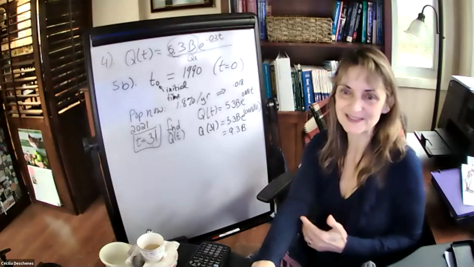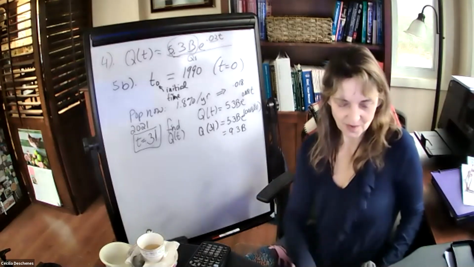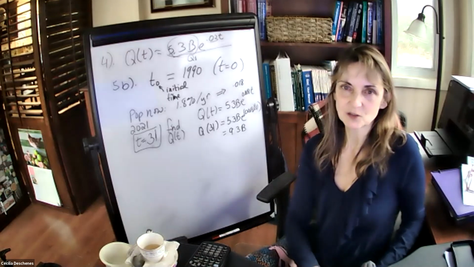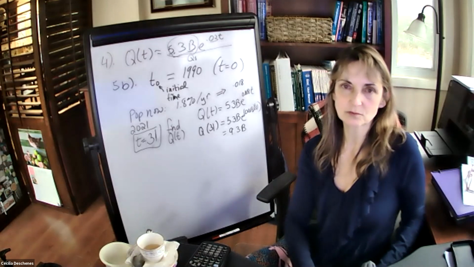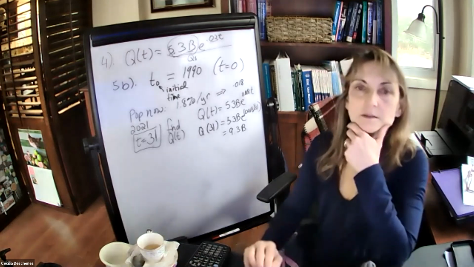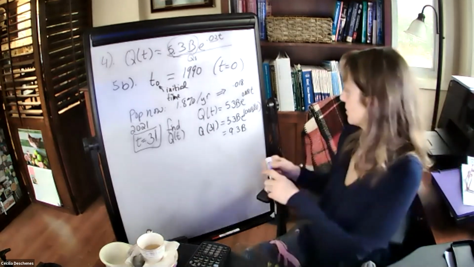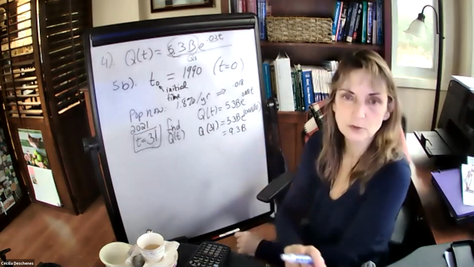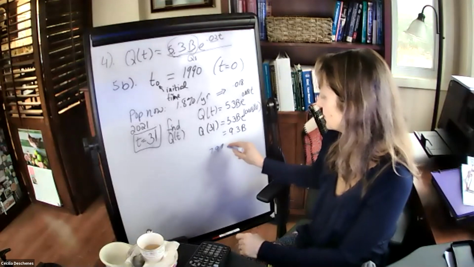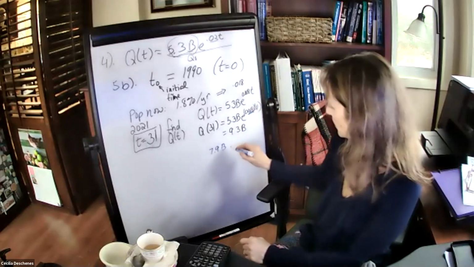And I haven't looked it up recently, so I'm not sure. Is that even close to right? Let me check that. World population 2021. 7.9 billion. So that's actually not accurate because right now, according to the World Population Clock, we're looking at 7.9 billion. So the rate must be even lower than 1.8% a year.